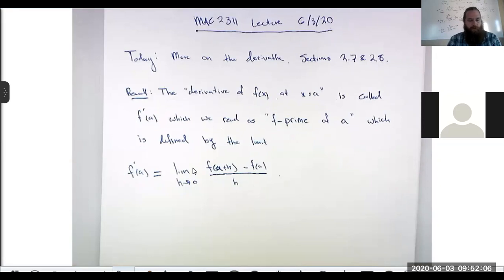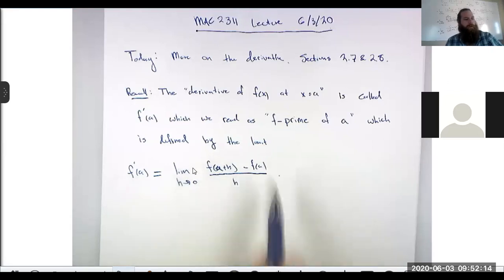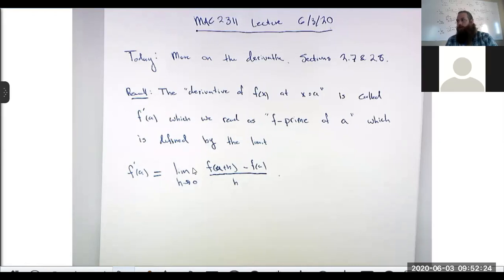It turns out there's a little bit of terminology associated with that concept. We say a function is differentiable at x equals a if this limit exists. It turns out to be a kind of similar concept to continuity. A function is continuous or not one point at a time; you can check at any given point in the domain whether the function is continuous there.